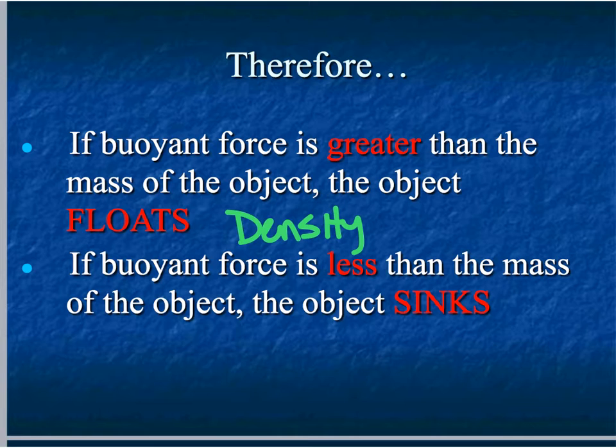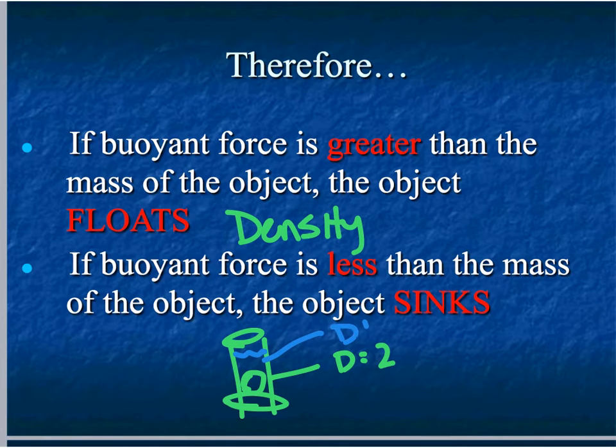If that rock had a density of, let's say, 2, and the density of the water it's in had a density of 1, well, since 2 is greater than 1, that's why the rock finds itself at the bottom of this mixture here.